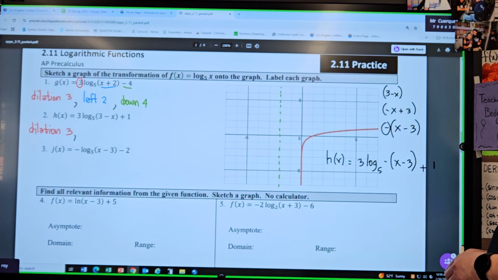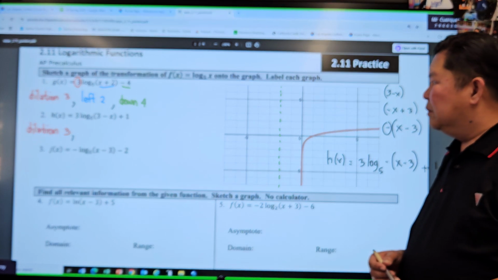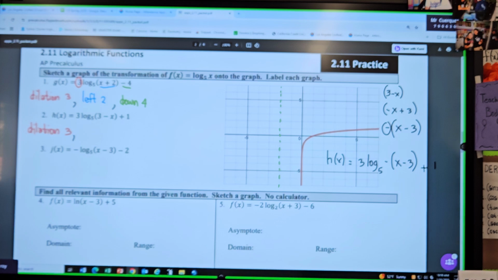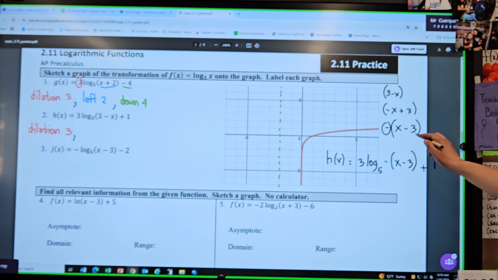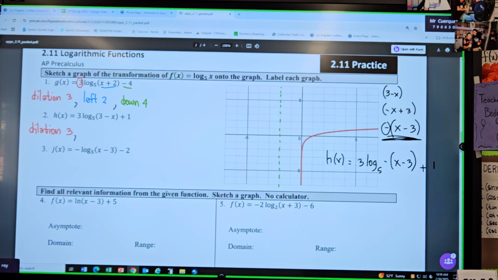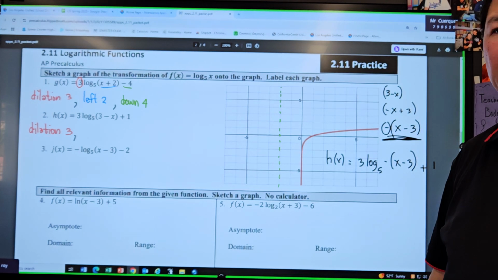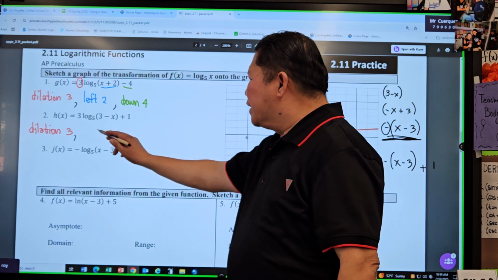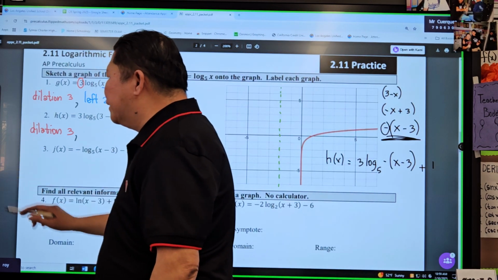So let us identify now where it is shifted, to the left or to the right. That is now how we rewrite. Where is the shift, left or right?